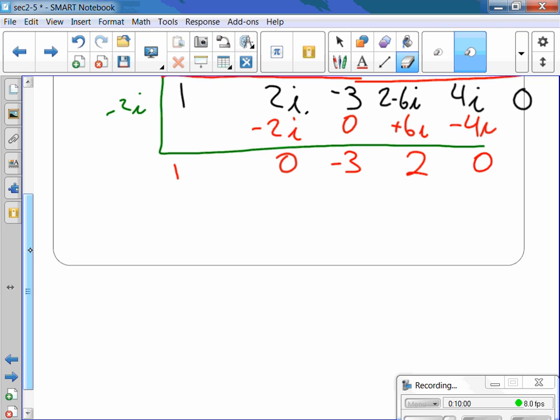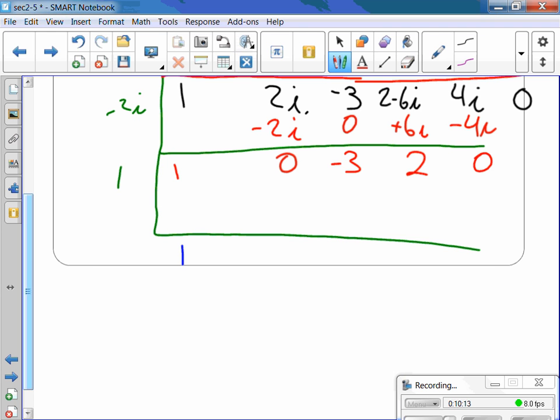So if we divide by 1, using that as our 0. Tough one here, folks.